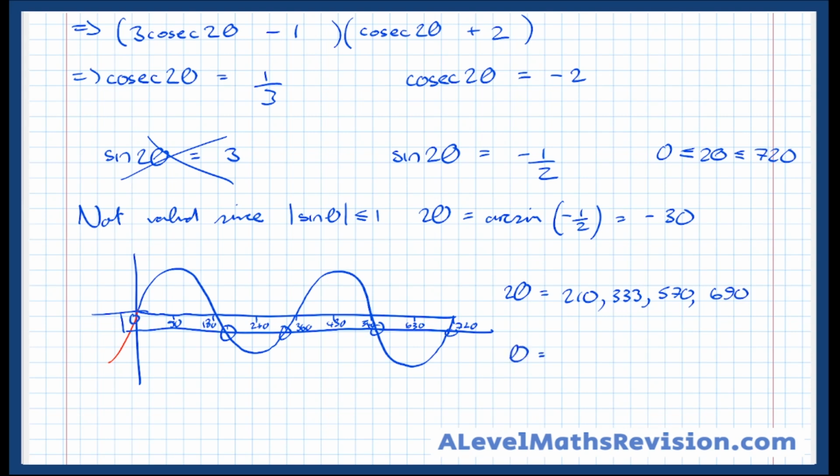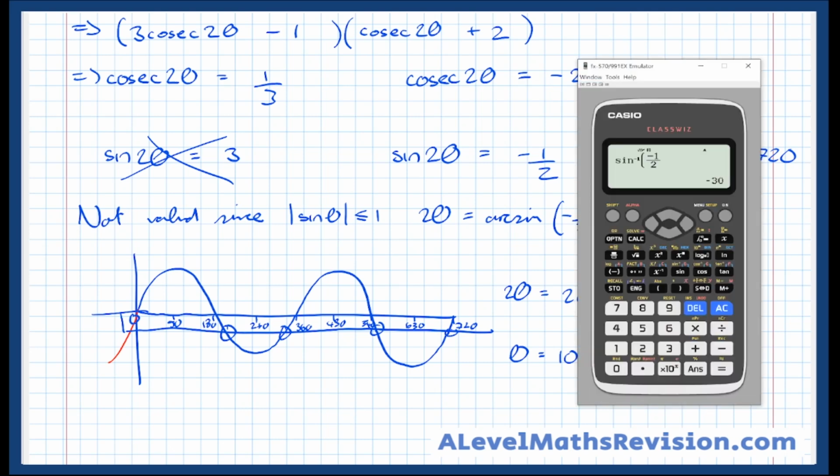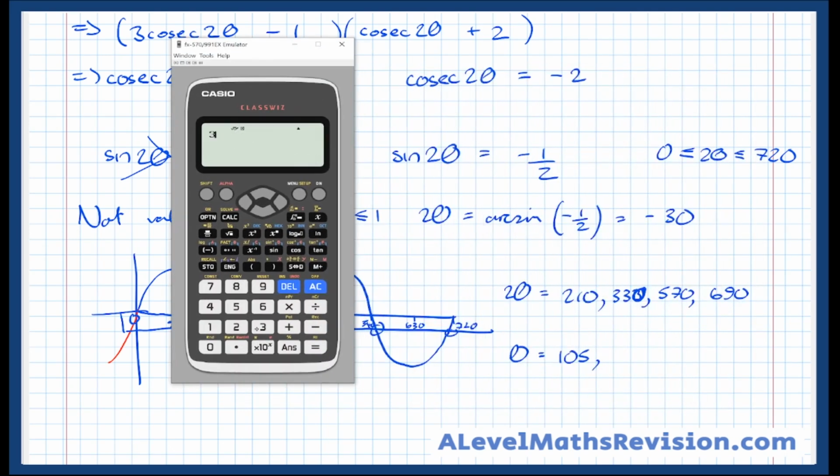Therefore, theta equals, divide all of those by 2, so 105. And I've written 333, I meant 330 there, I'll just correct that. So 105, and let's not try and do any mental arithmetic here.